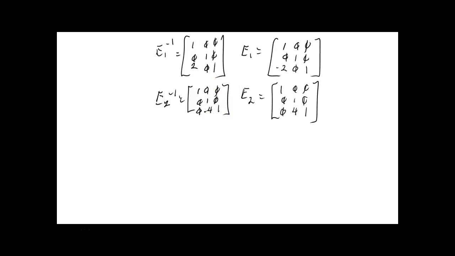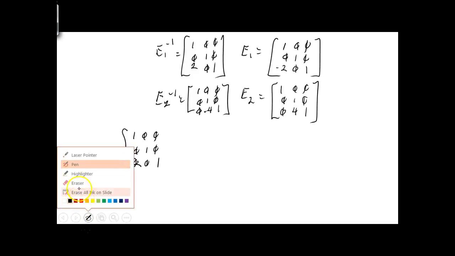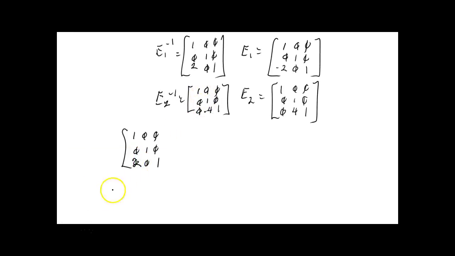Now we want to multiply those together in that order. So this will be 1, 0, 0, 0, 1, 0, 2, 0, 1. Let me clean that up just a little bit. Well, there we go.